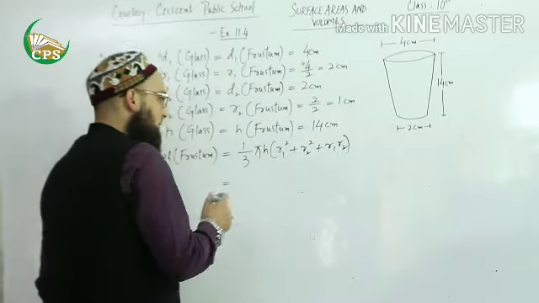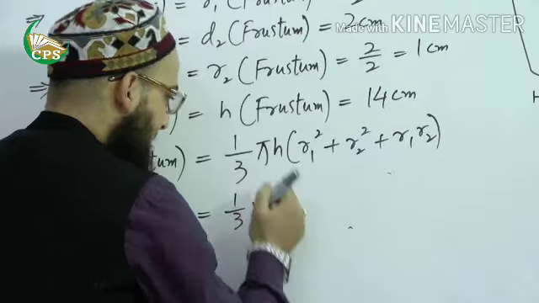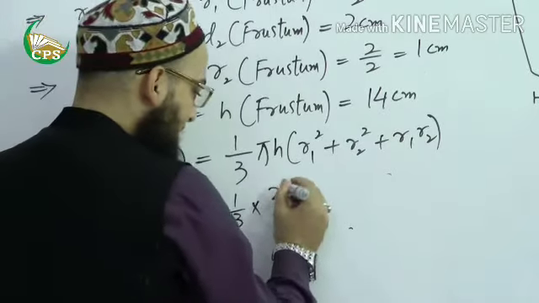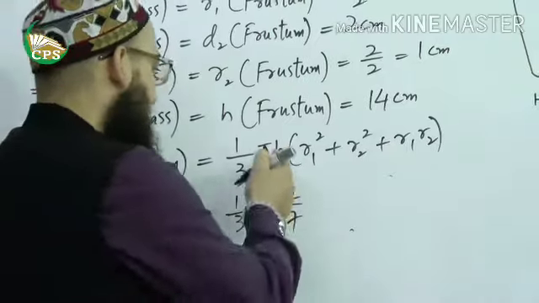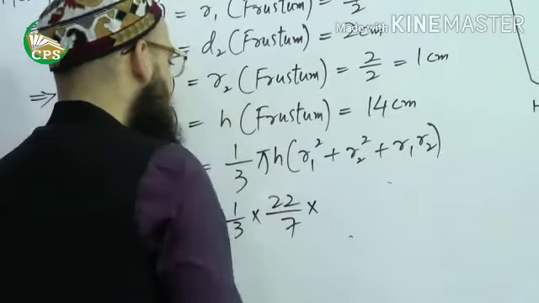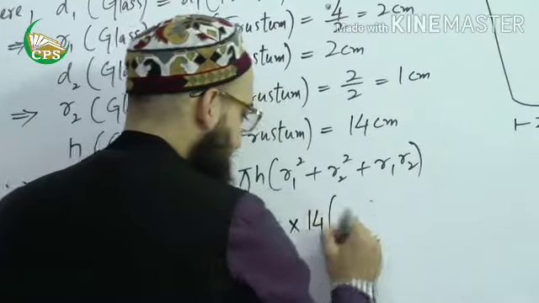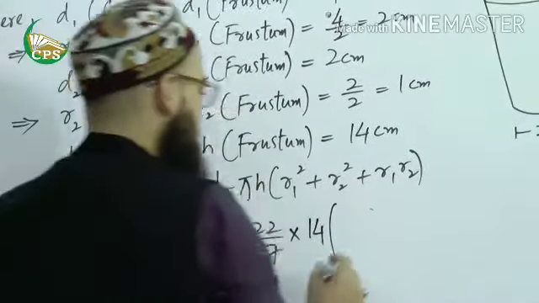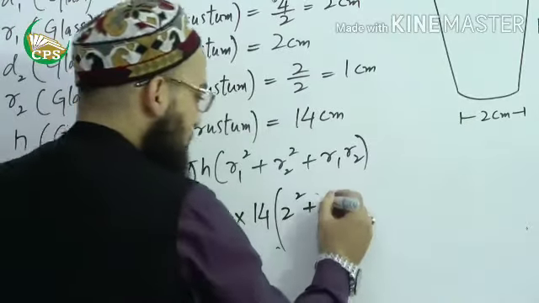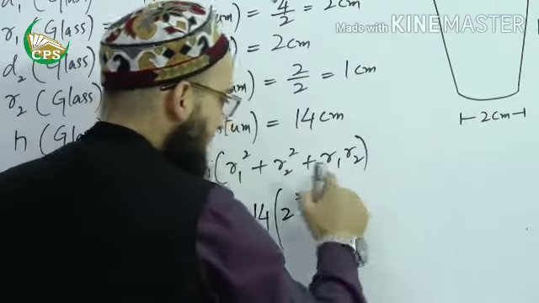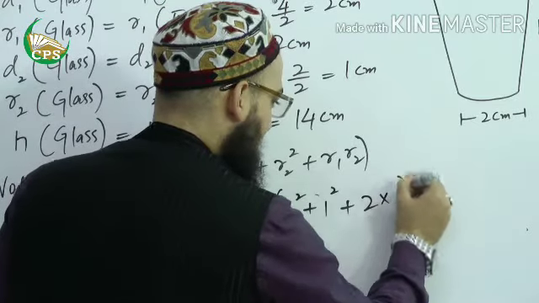Now put the values in: 1 by 3 times, treating pi as 22 by 7, the nearest rational value for pi, times h, which is 14 centimeter, times R1 2 square, plus R2 1 square, plus R1 R2, that's 2 times 1.